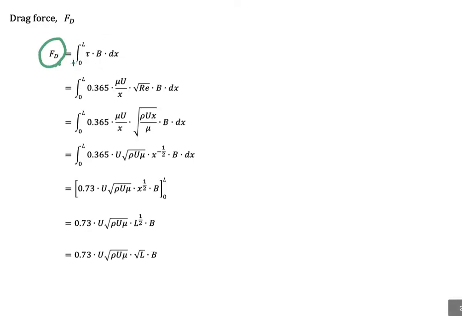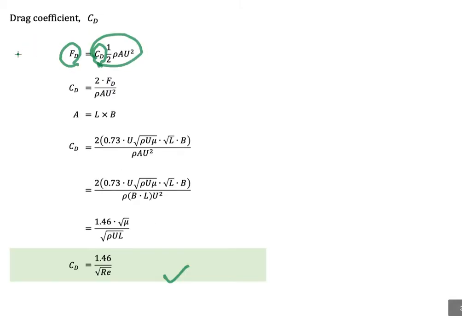But sometimes you need to calculate the drag force first by using this idea, and then you calculate the CD at the end of your calculation. So it depends on the question, or in your research, it depends on the way you conduct the evaluation, whether it is experimental or simulation. Both ideas are correct.